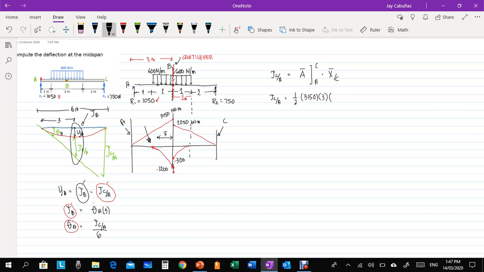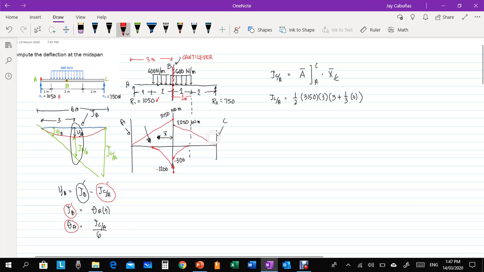Times 3 plus, right, 3 plus 1/3 of 3, right? So this distance is the distance to point C. Okay, that's the distance.